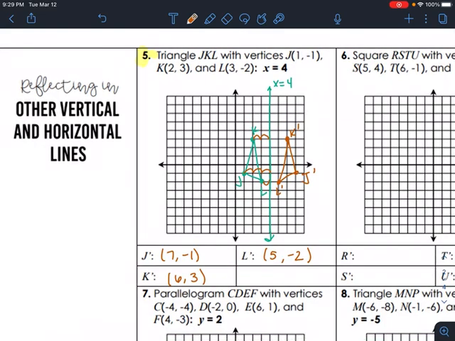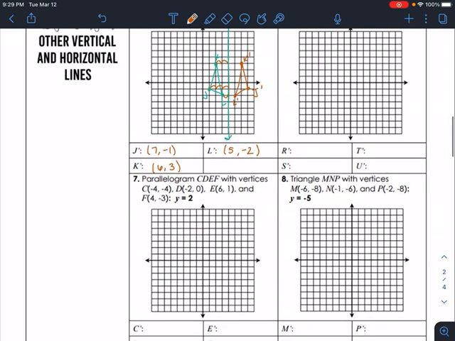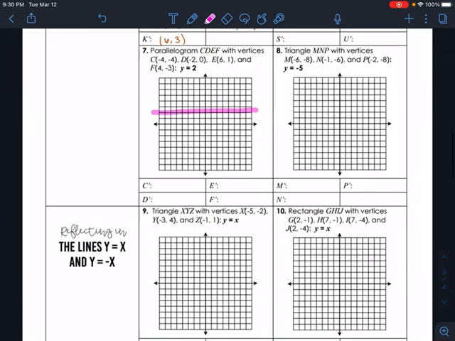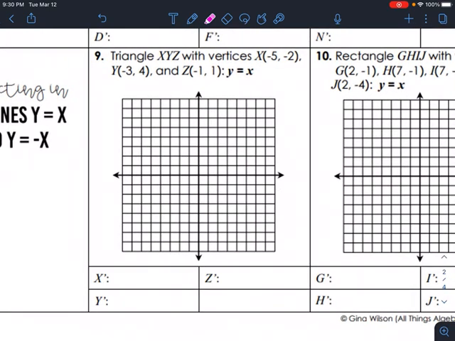You're going to do the same thing for the other ones. For problem 7, for y equals 2, your line of reflection is right here, y equals 2. That's just a little helpful hint. Similarly, for problem 9, you have y equals x.